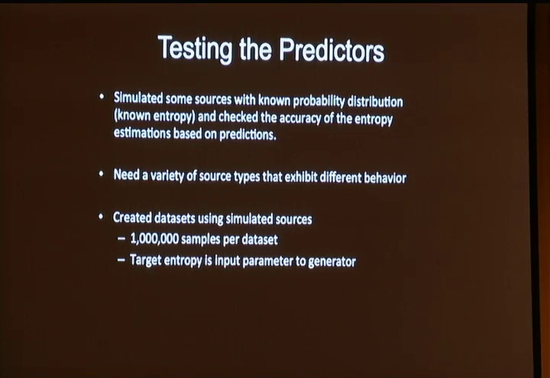Of course, we need a variety of sources to see the effect of different behavior. We created data sets using 1 million samples for each data set, and the target entropy was given as input while we generated these data sets.